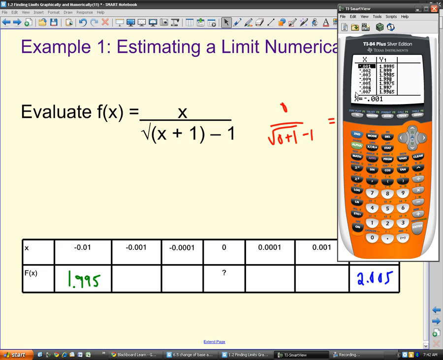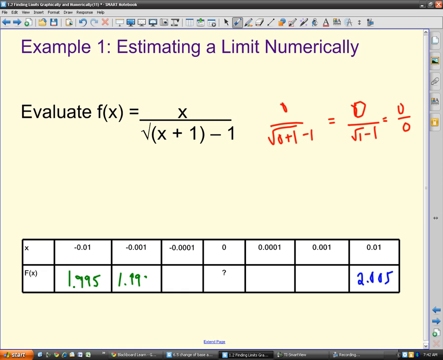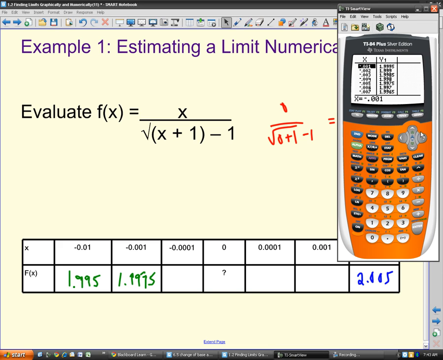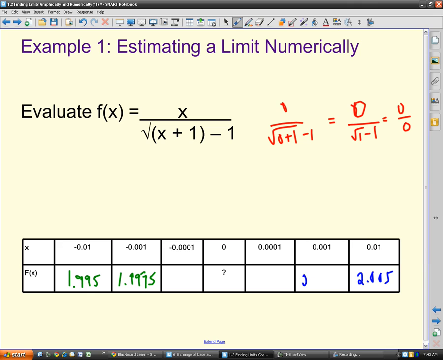So I get 1.9995. And then if I arrow over on my graph to the positive side of it, you can still see there's an error. You can see that I pick up an extra 0 for my y value, so 2.0005.